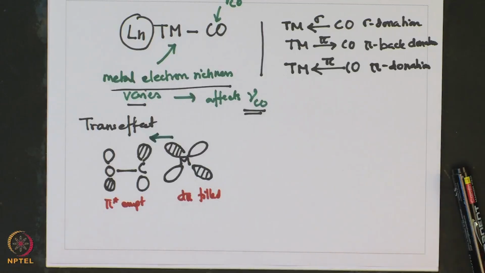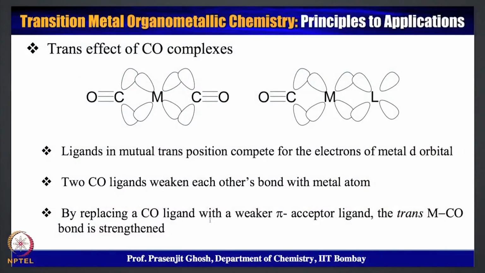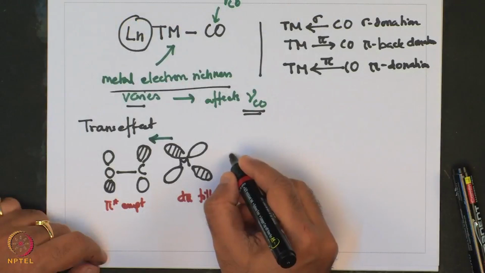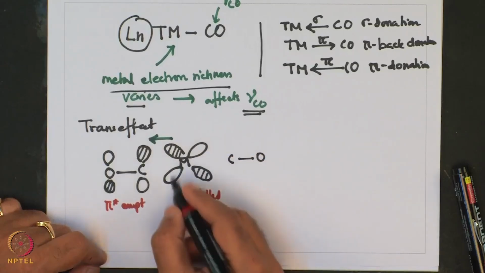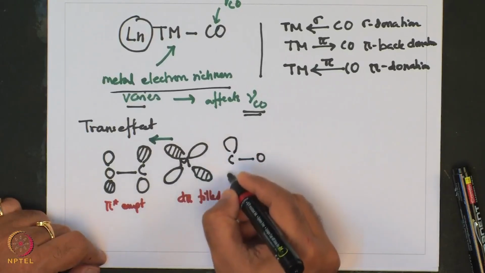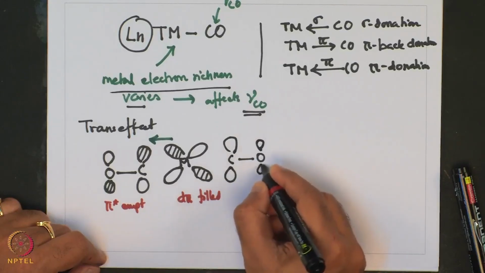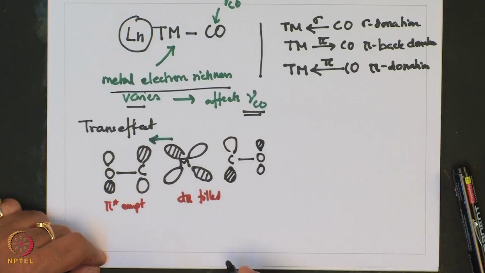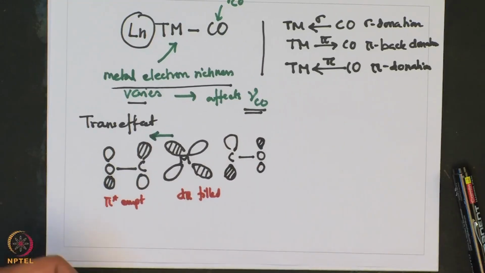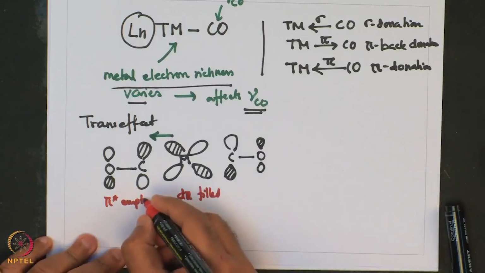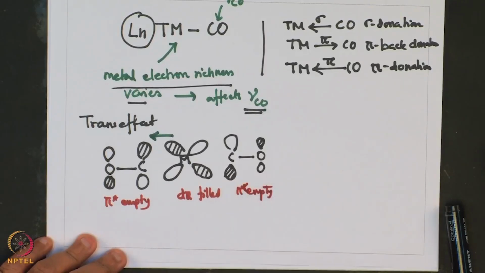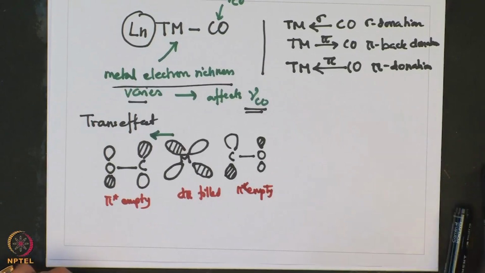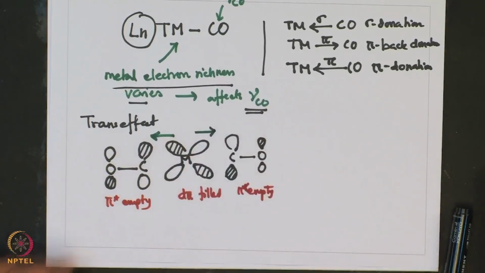In a trans effect scenario, we can imagine that there is another competing carbon monoxide ligand, which has a pi star empty orbital and can also compete with the central metal atom and suck up the electron density from the metal.